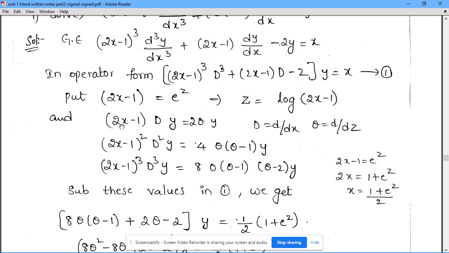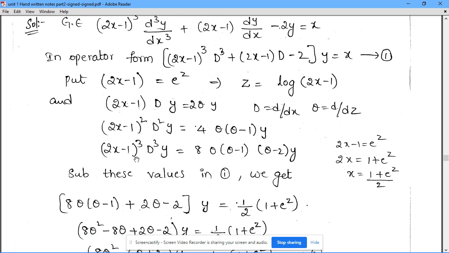Suppose there is ax plus b, then we have to take the coefficient of x as a. So the x coefficient is important, which is taken on the right side. So (2x minus 1) whole square d square y is 2 square into theta into theta minus 1 into y. (2x minus 1) whole cube d cube y is 2 cube into theta into theta minus 1 into theta minus 2 into y. So 2 cube means 8.